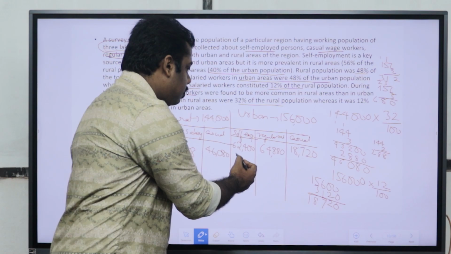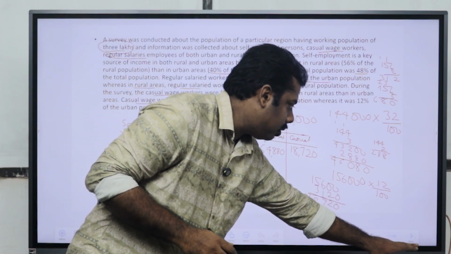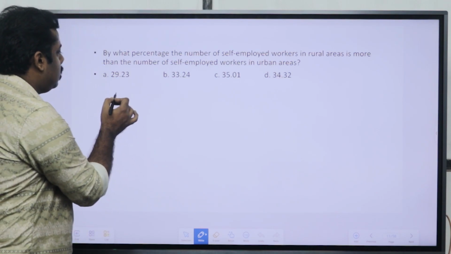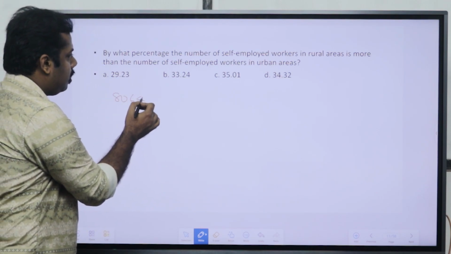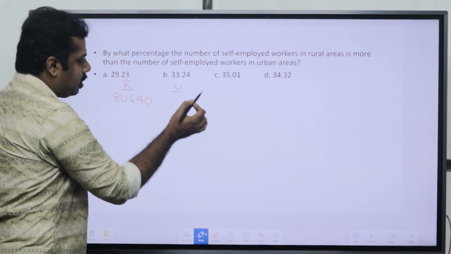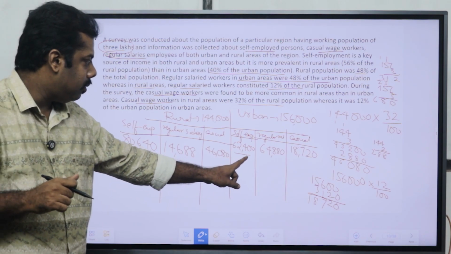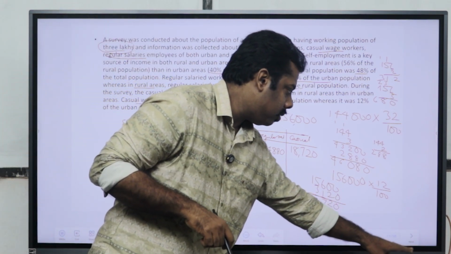In urban areas it was 62,400. The data is a bit confusing, so write it down once.